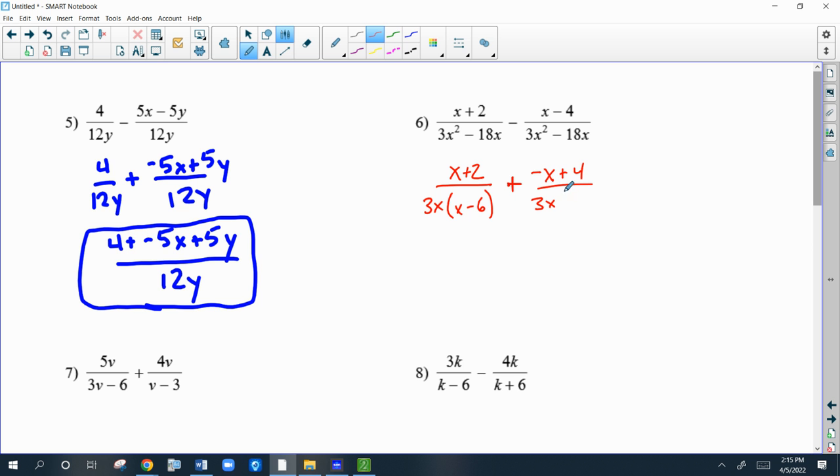And then you'll notice they still have common denominators, of course. So I'm going to add the tops, all over the common denominator of 3x times x minus 6. So we have x minus x, that's 0. And 2 plus 4, which is 6.